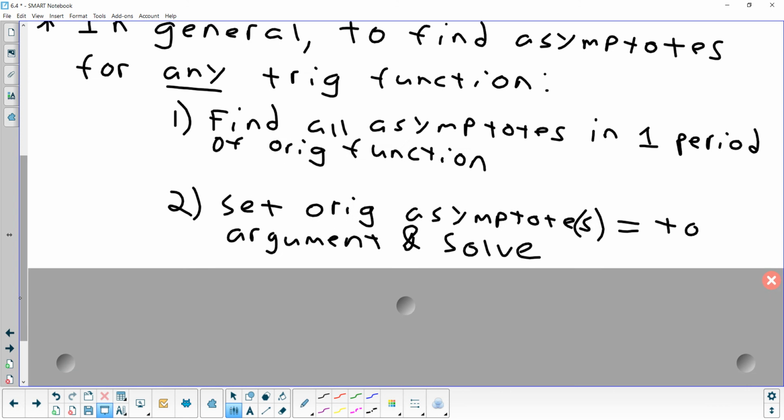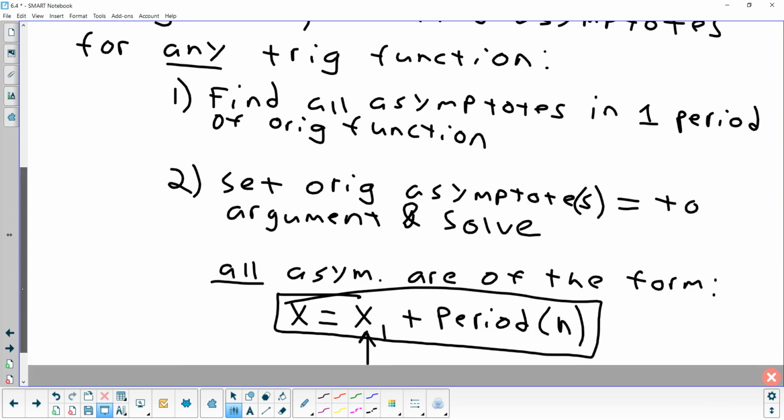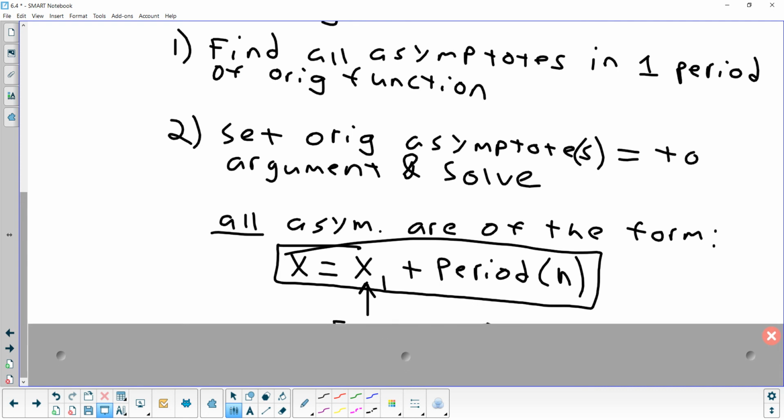All right, so we find our original asymptote, set it equal to the argument and solve. And then we can describe all of the asymptotes using a formula. Remember that in a trig function, it's periodic. So if you know where one thing is, then you know where the next time it's going to happen is, because it's going to happen one period later. And then when's the next asymptote after that?